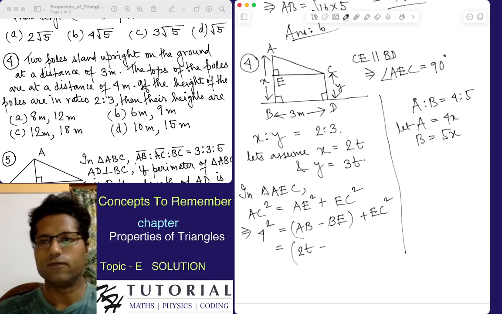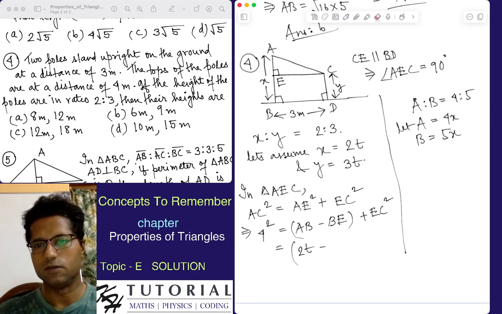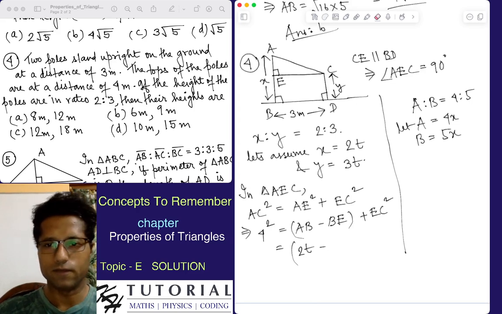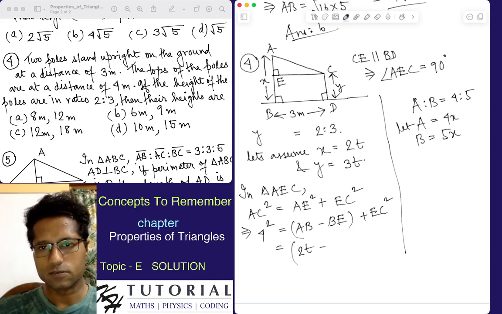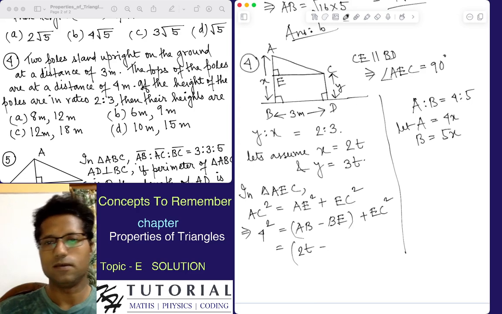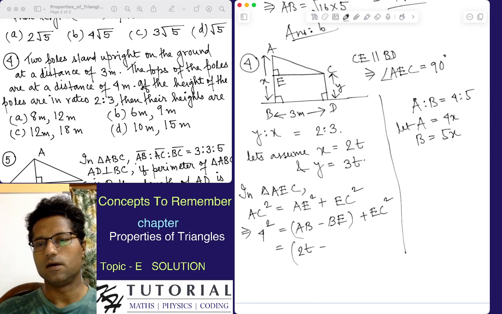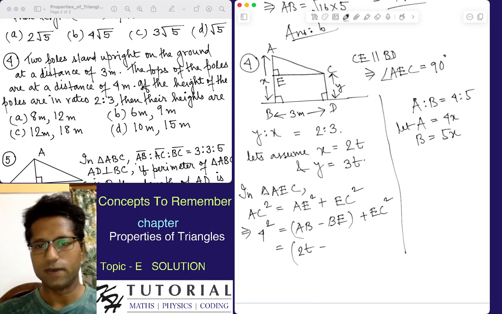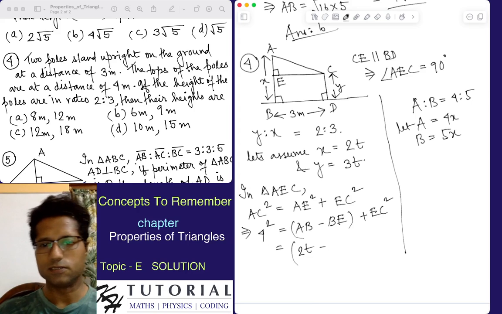So in this case we have to consider not x is to y, because as per the figure, the pole AB, which has height x, is looking larger. So we have to consider the ratio to be y is to x, because as per our figure y is smaller than x. So y is to x equals 2 is to 3. So x will be 3t and y will be 2t.